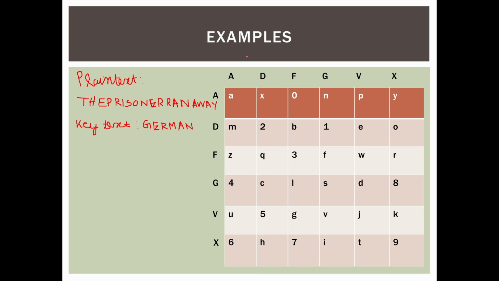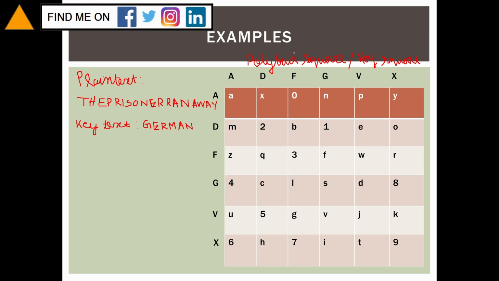And here the Polybius square is going to remain the same, the Polybius square or key square, you can say. Okay, so now let's start by generating the intermediate text.